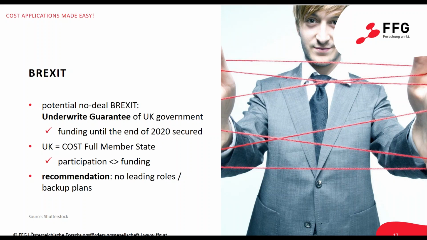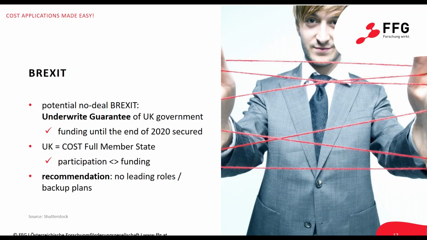with COST being such an open program, it's actually not that much of a problem if you include a UK participant into your network. And then when your COST action is actually funded, then in a year's time, we will know way more about this and then see if you can take this person on really or not.